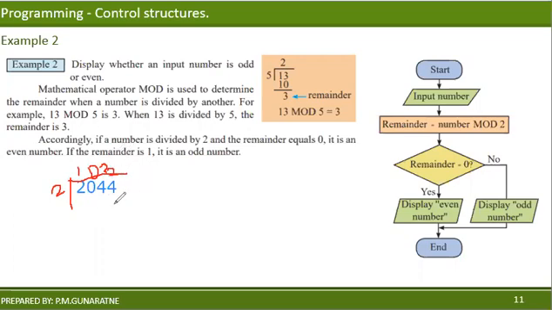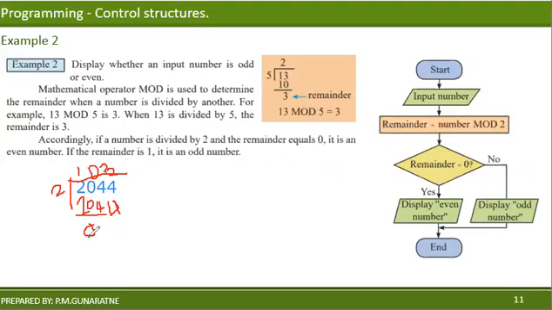I'm using a touchpad, it is very hard to write using a touchpad. You will get a remainder of 0. Anyway, the remainder is 0.